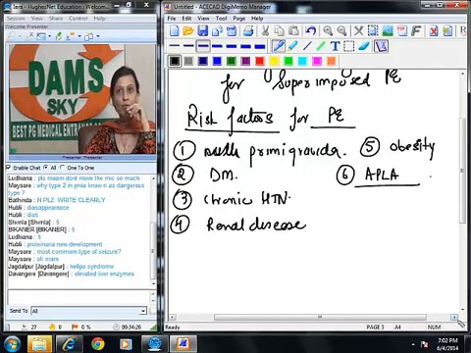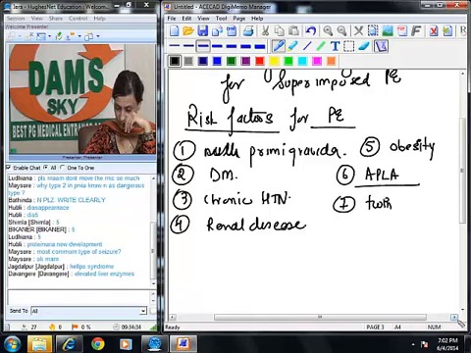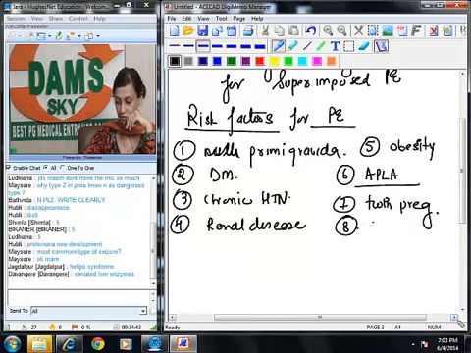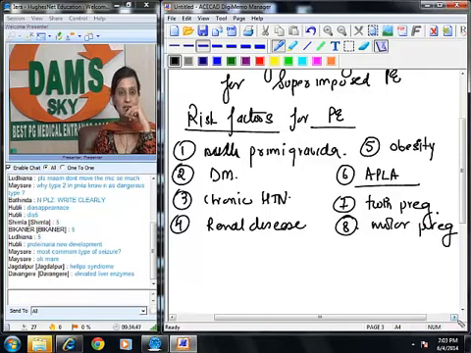Again, APLA syndrome, antiphospholipid antibody syndrome, is one of the risk factors. Twin pregnancy is a risk factor. Molar pregnancy is again a risk factor. So these are the various risk factors of preeclampsia.